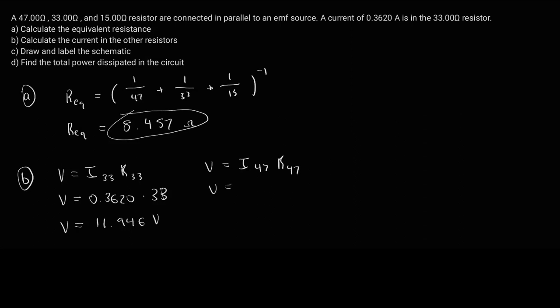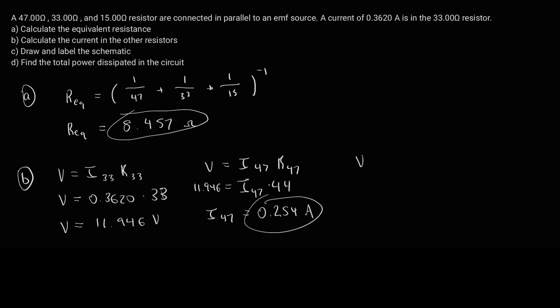Voltage is equal to I47, what we're trying to find, times 47 ohms, and we use the voltage of 11.946. So we get I47 to equal 0.254 amps.